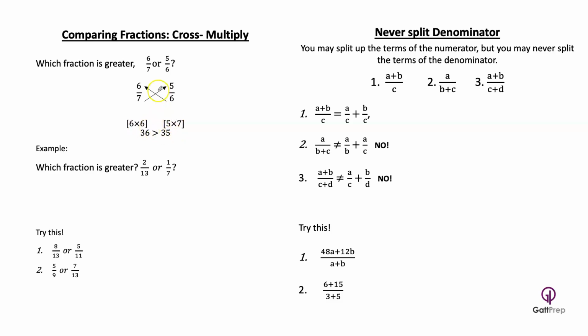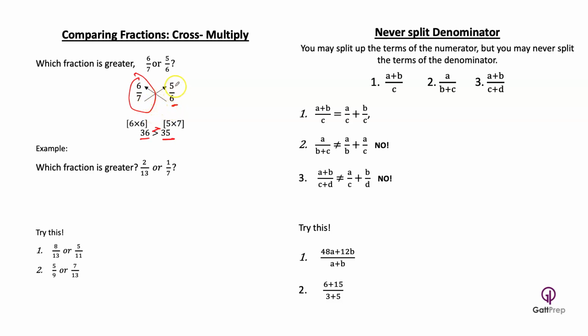So at the end of the day, here you have 36, and then here you have 35. Then you say 36 is bigger than 35, and so this fraction here is bigger than this fraction. Now the reason why you move the denominator to multiply by the corresponding numerator and the result will stay here, and you move this one and the result will stay here, is so that you don't confuse the positions of the fractions.